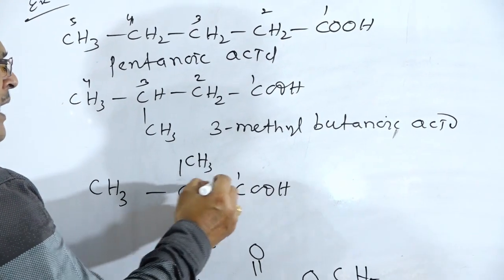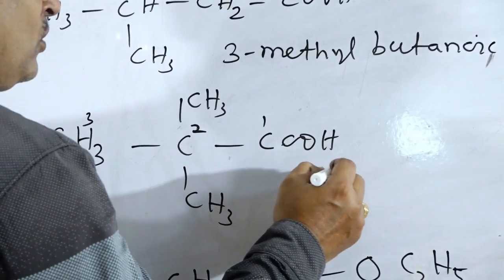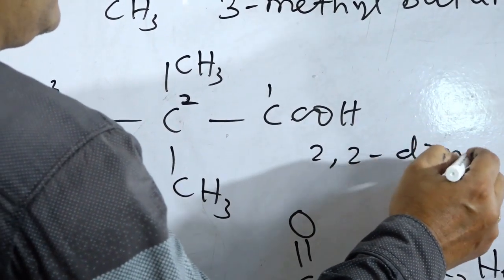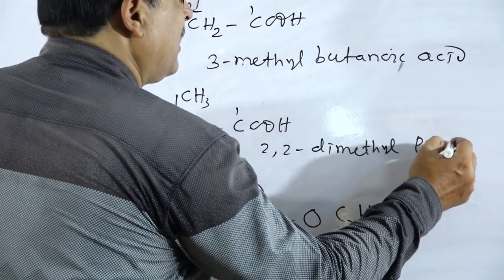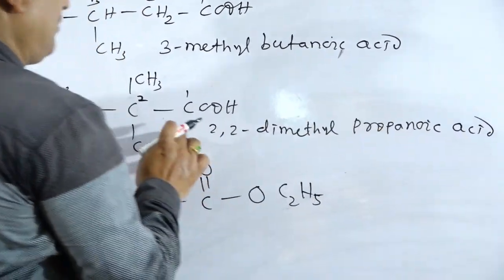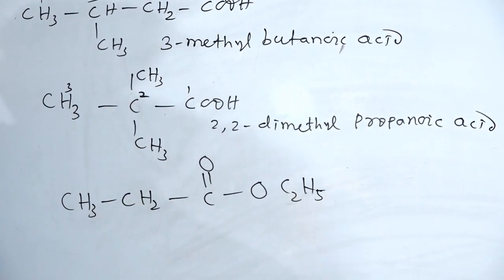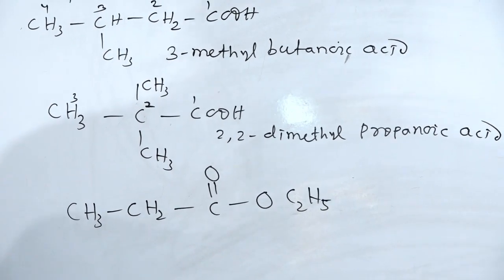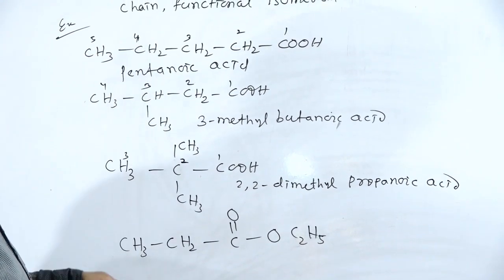So that is 1, 2, 3, named 2,2-dimethylpropanoic acid. So what is the relation between them? All these compounds contain the same number of carbon atoms.